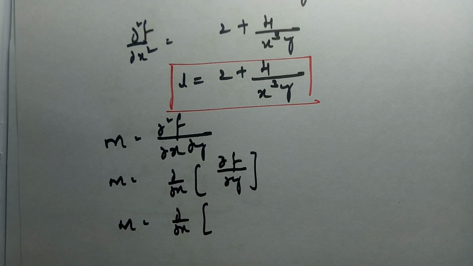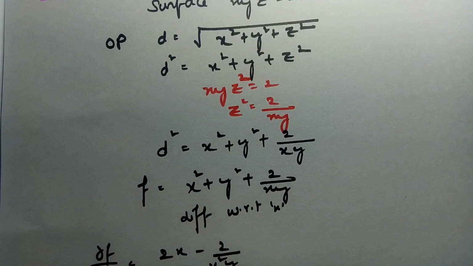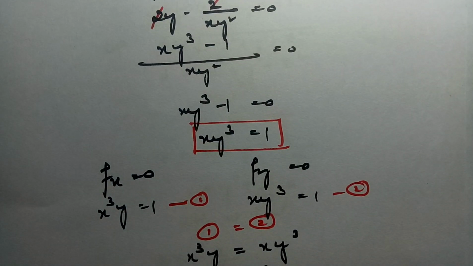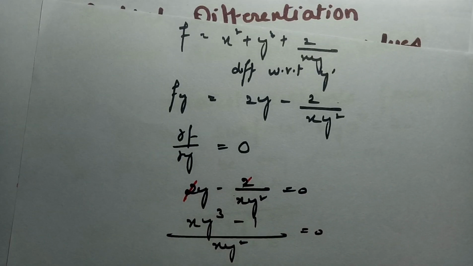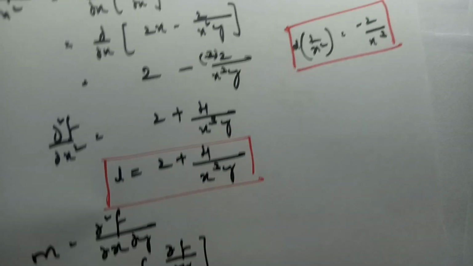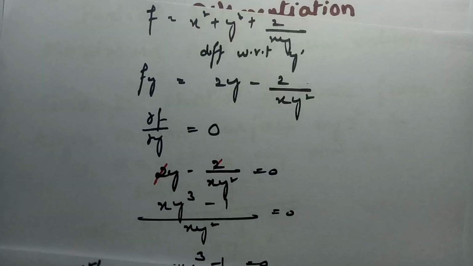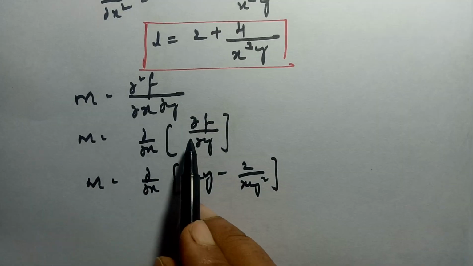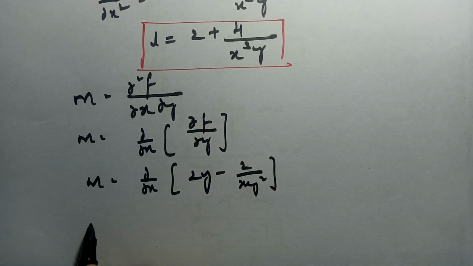Dou f by dou y value is ready here as 2y minus 2 by xy square. If I differentiate dou f by dou y with respect to x, I'll get the value of M.